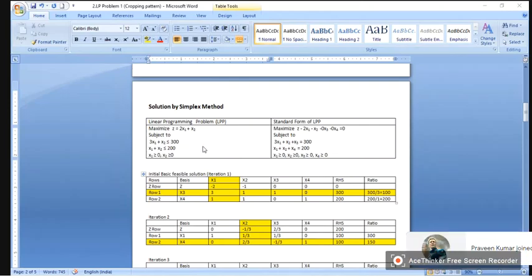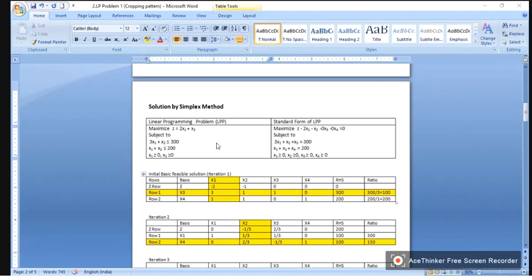Now we have converted this into a standard linear programming problem. In the standard linear programming problem formulation, we have changed this inequality constraint to an equality constraint.